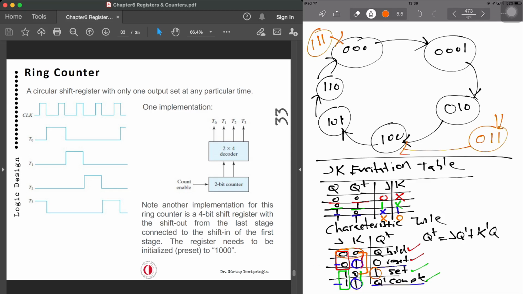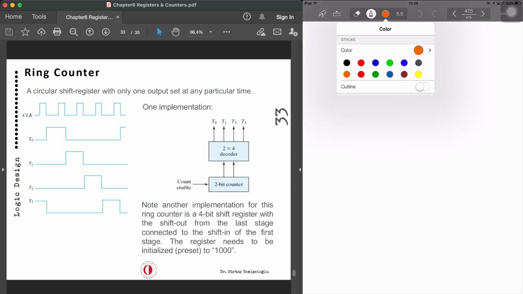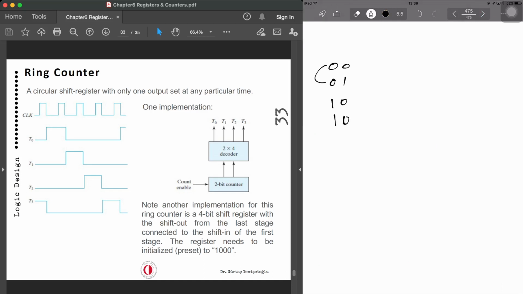And that 2-bit counter is activating a 2 to 4 decoder. So if we demonstrate that, 0, 0, 0, 1, 1, 0, 1, 1. So we count from one to the other when the count is enabled. Now this is actually going to activate the 2 to 4 decoder. So 4 outputs, D0, D1, D2. If you do remember decoders, one of those is going to be activated at a time.